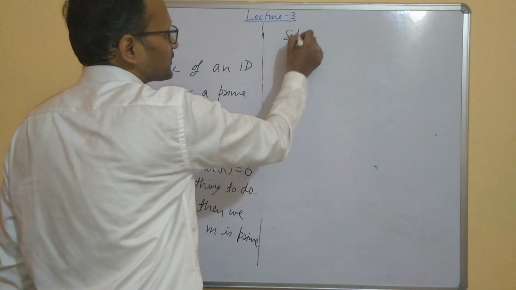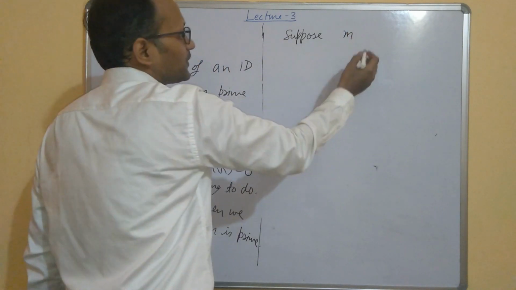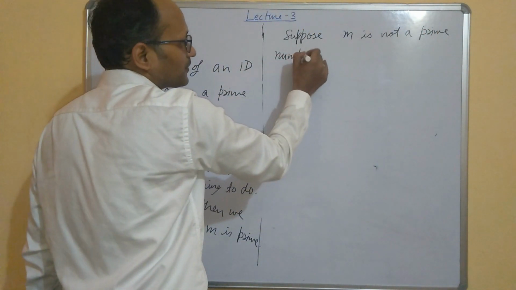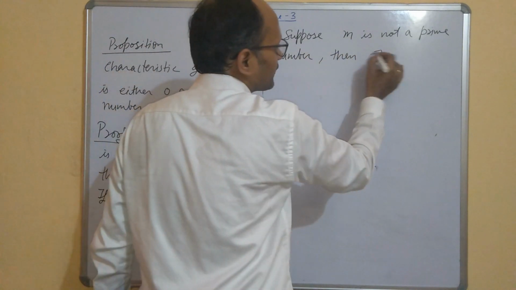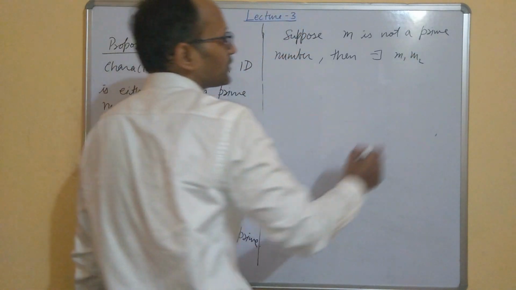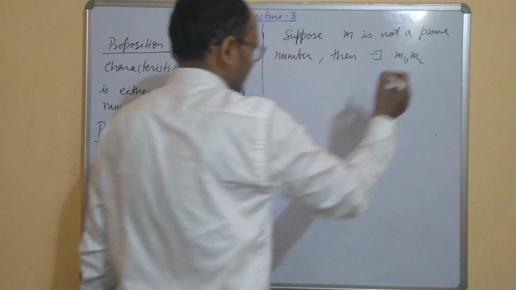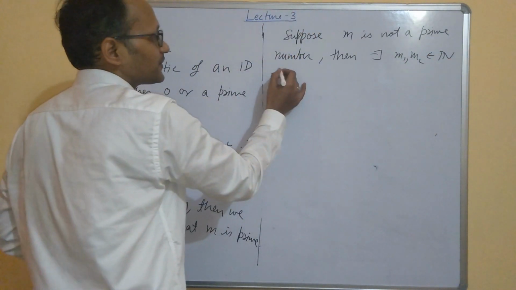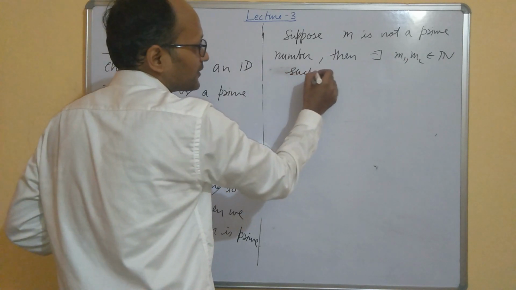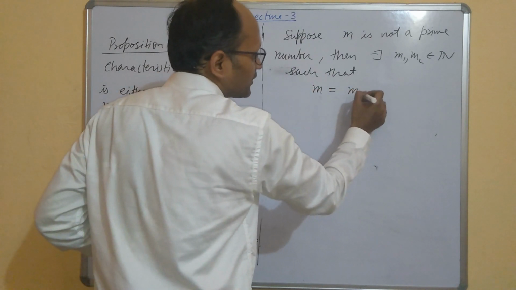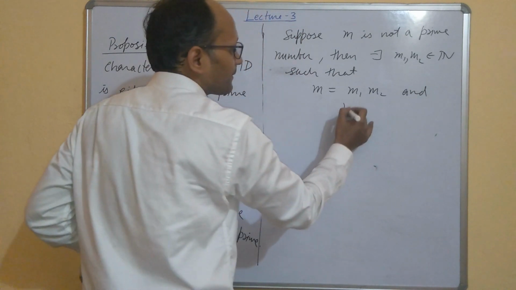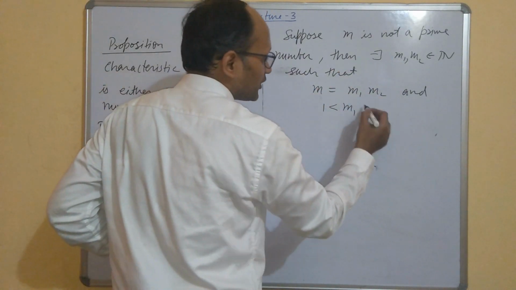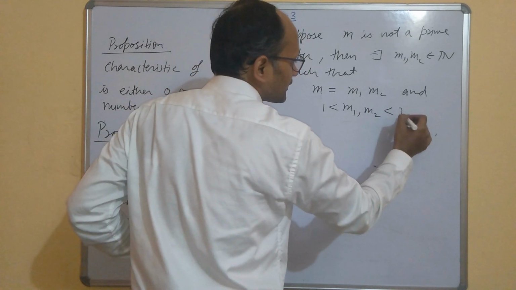Then there exist m1, m2 in N, since this is a positive integer, such that m can be written as m1 times m2, and m1 is of course not equal to 1 because we are taking m not a prime, so we need proper divisors m1, m2, each less than m. Suppose this is the situation.